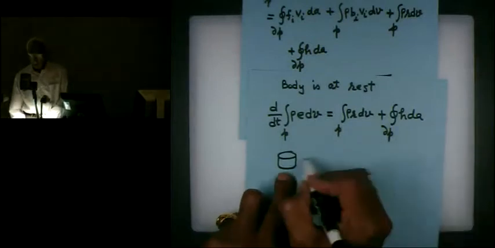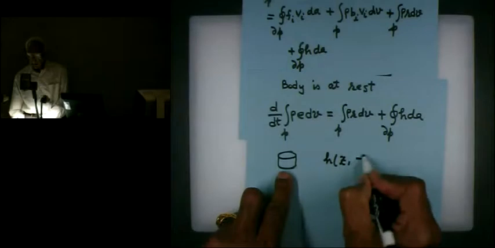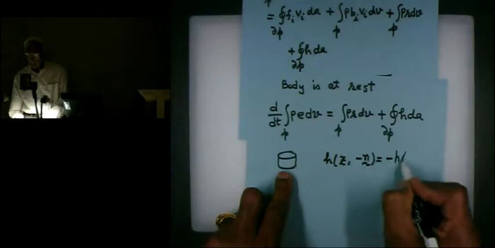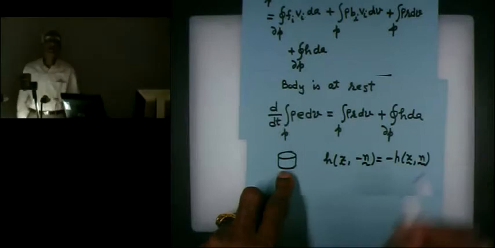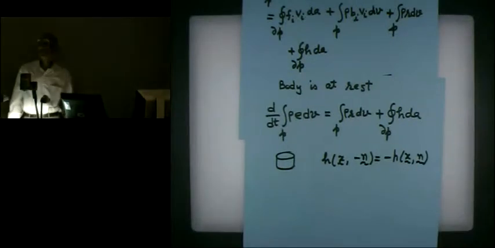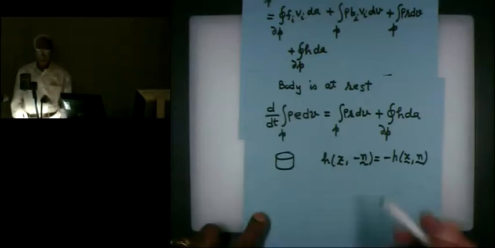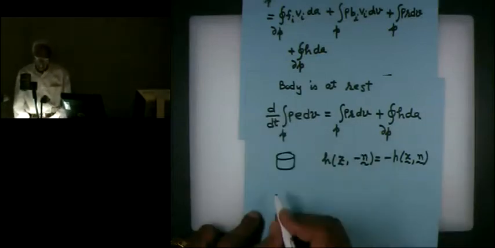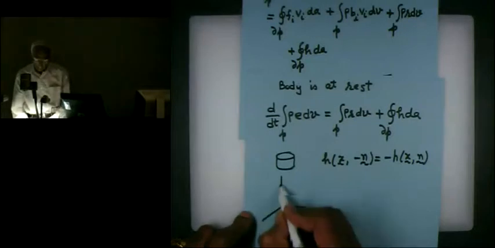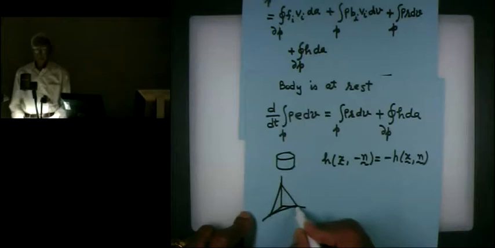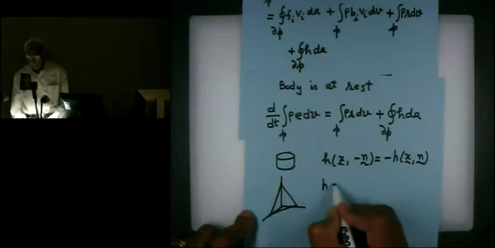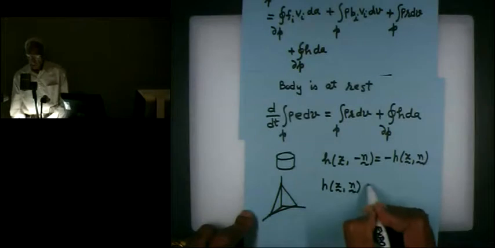For a pillbox, we will get that H(x, n): if you change the direction of the normal, then you change the sign of H. If you apply this balance of energy for a body at rest to a tetrahedron, then we will get that H is a linear function of n.